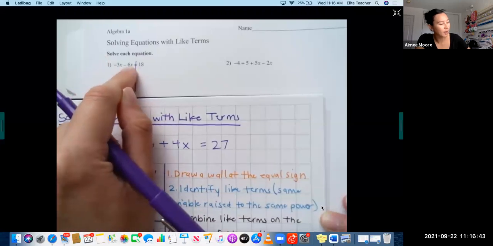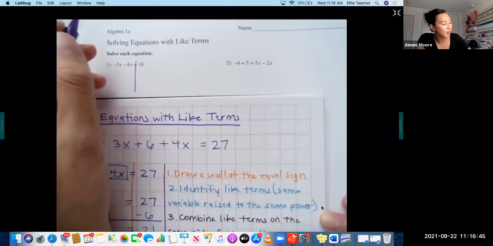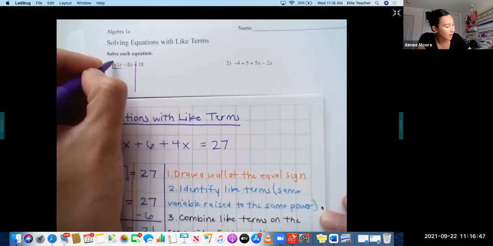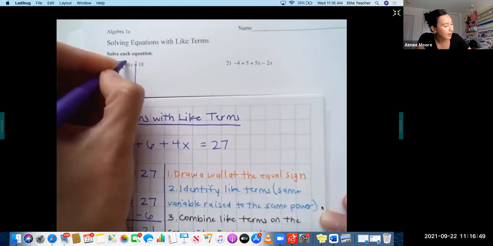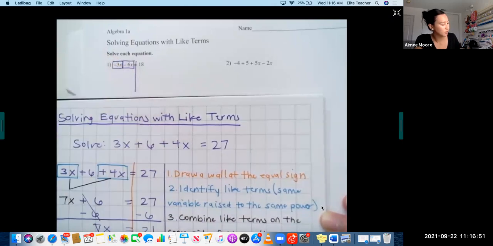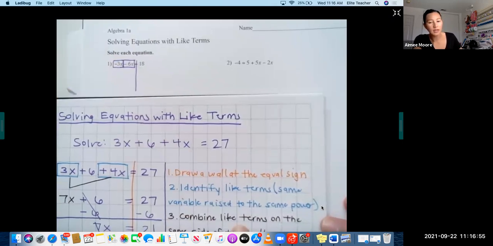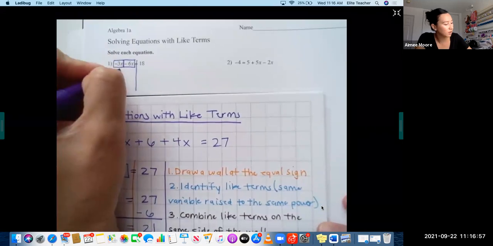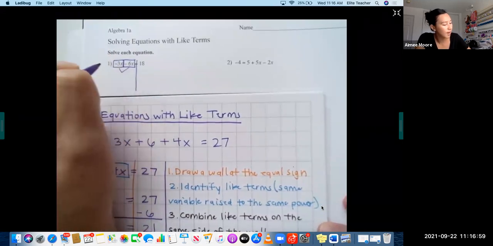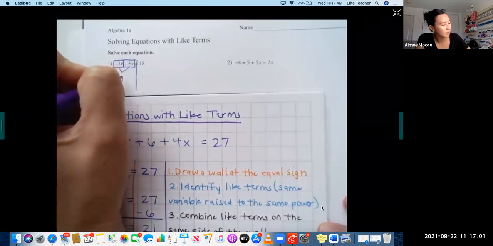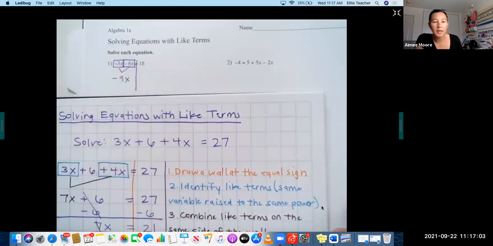Checking the left side of the equation, yes, we have like terms, negative 3x and negative 6x. Those are like terms. And so we're going to combine the like terms that are on the same side of the wall, which these are, negative 3x and negative 6x. They party, so we combine them and we keep their sign.